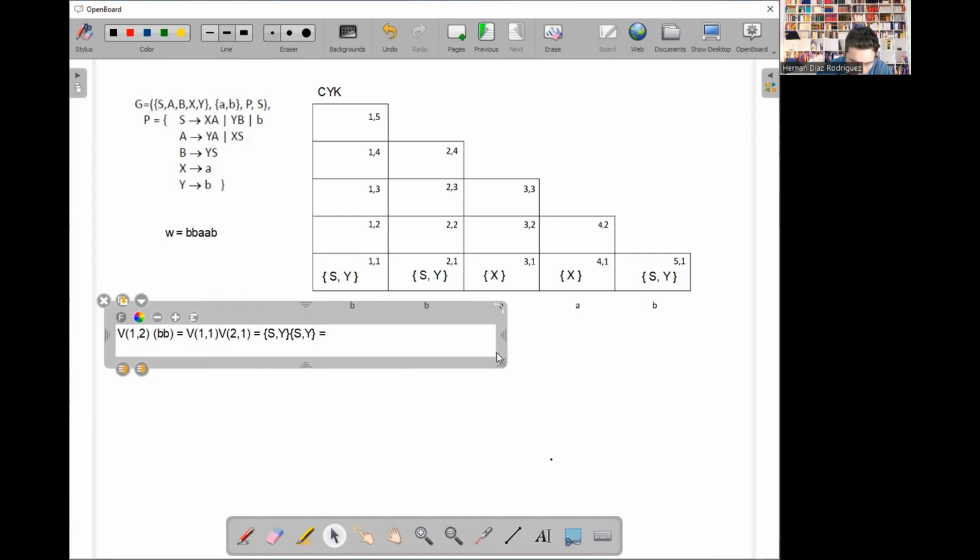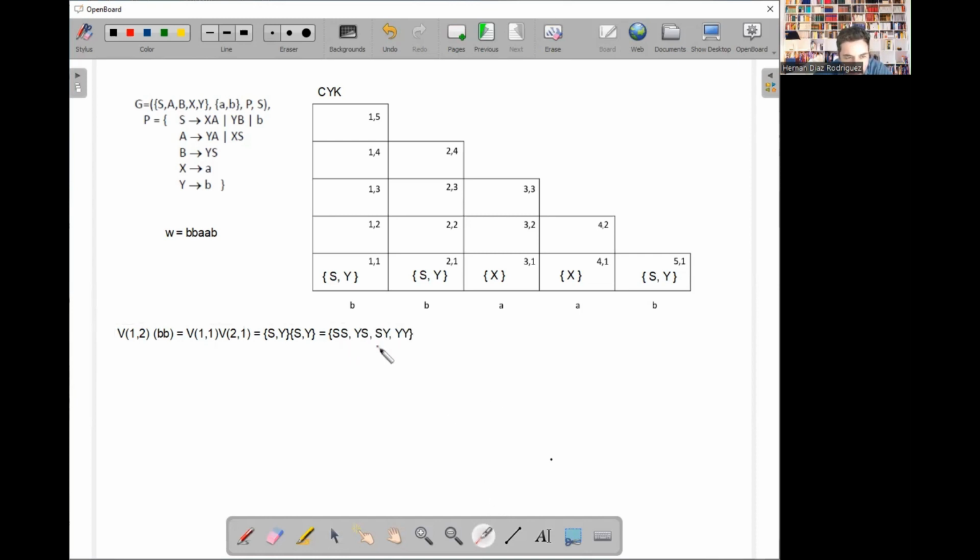So to produce lowercase b and lowercase b, we have four possible combinations. We can do it with ss, with ys, with sy, or with yy, right? We can do it with any of these combinations. So if we look into the grammar, we look for variables that produce any of these combinations. And as you can see, we only have this one, which is B, right?